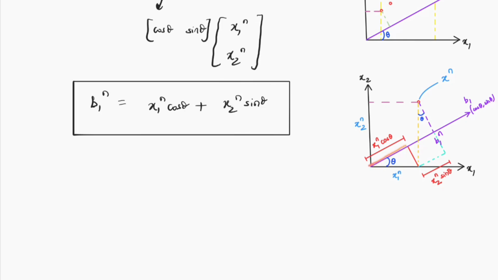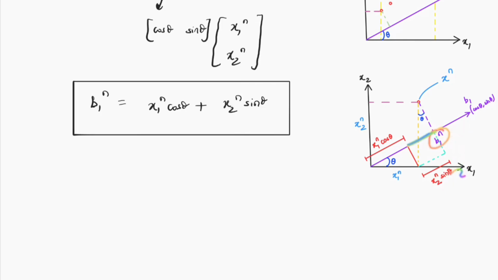So we have this part as x1 cos theta, and then the rest of the part, which makes up b1n, x1n cos theta plus x2n sin theta makes b1n.